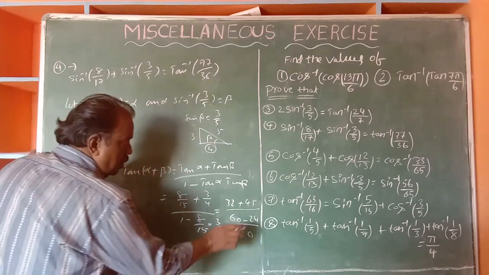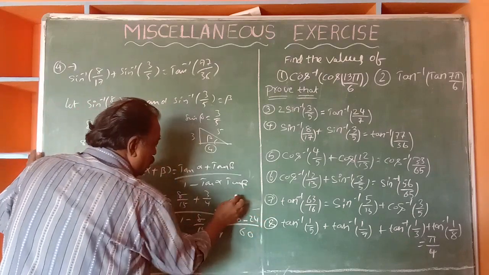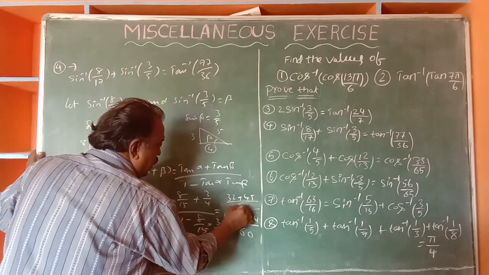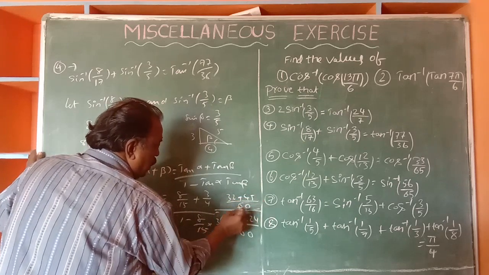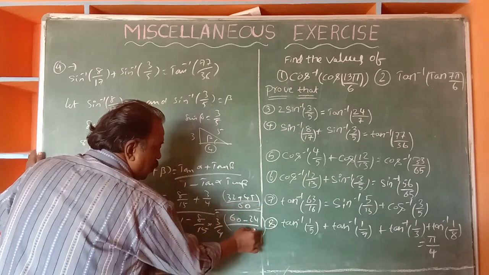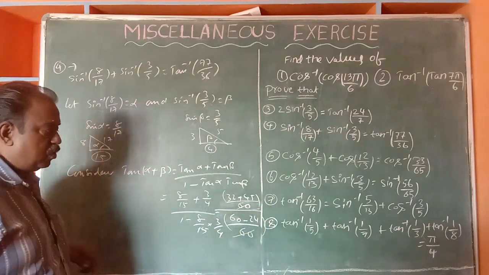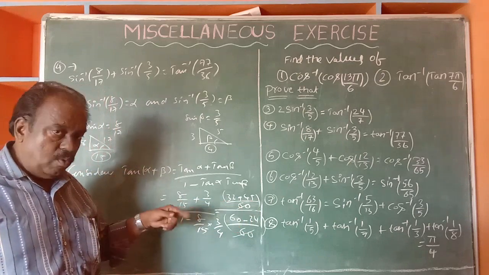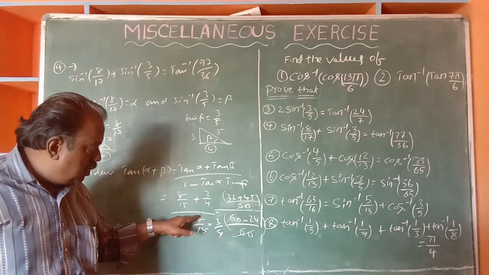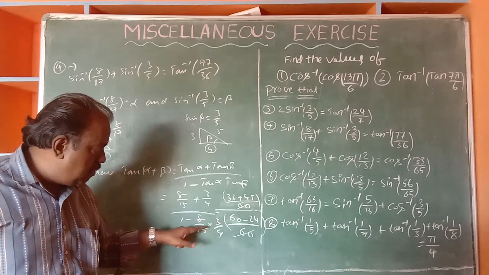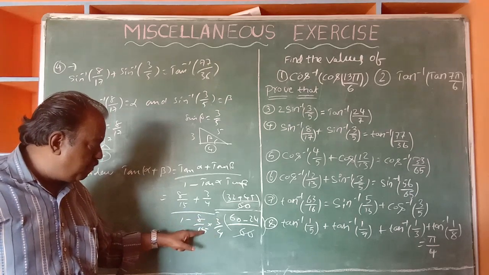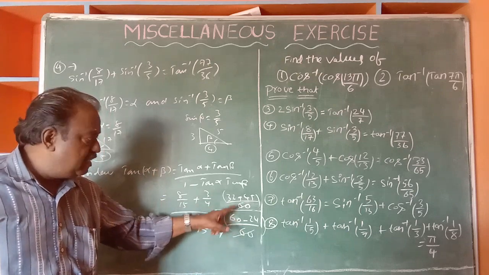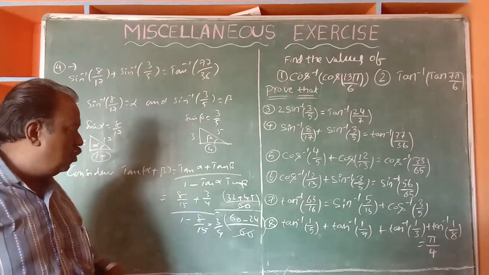Here also we have to write by 60. Okay now, LCM. So 60 cancels. You may feel that it is 2 by 5, sir, but to make the calculation easy with 60 and 60, I do it like that.